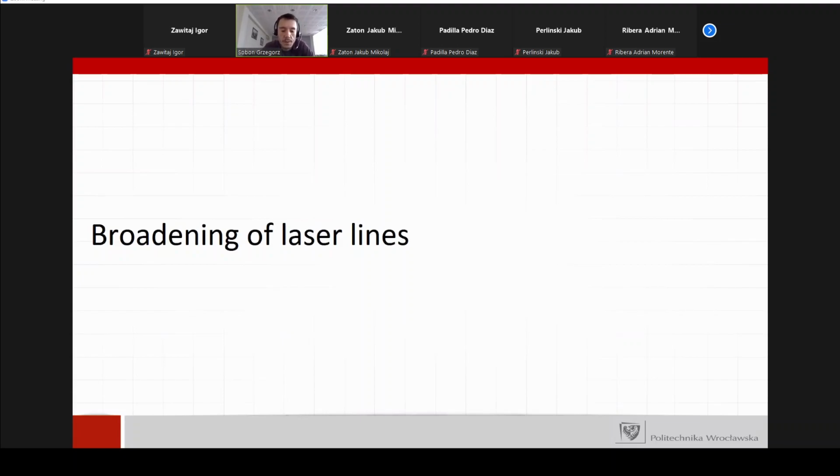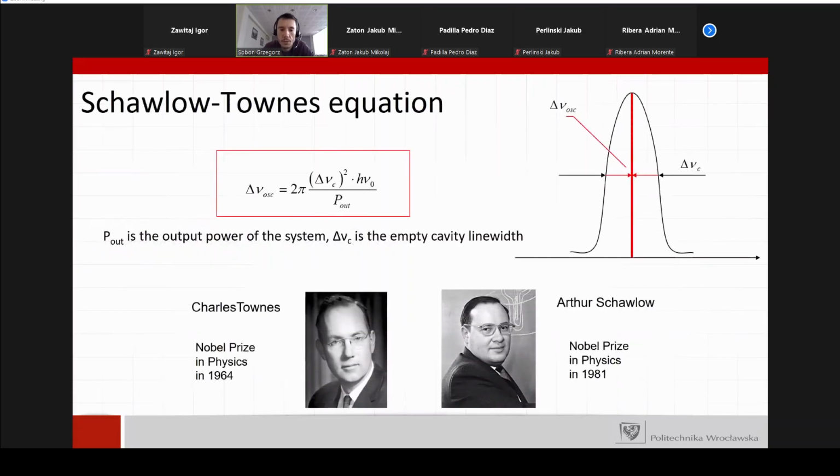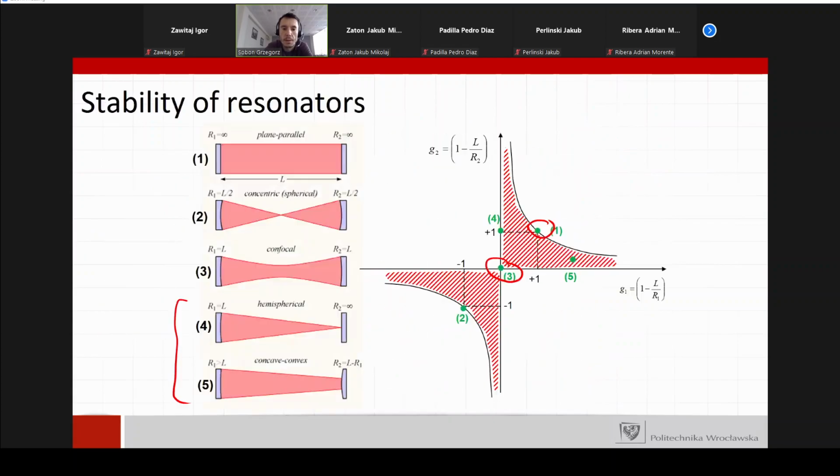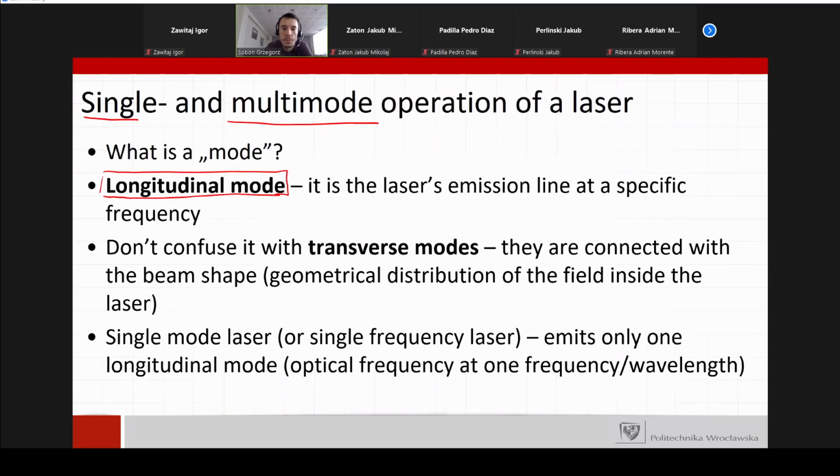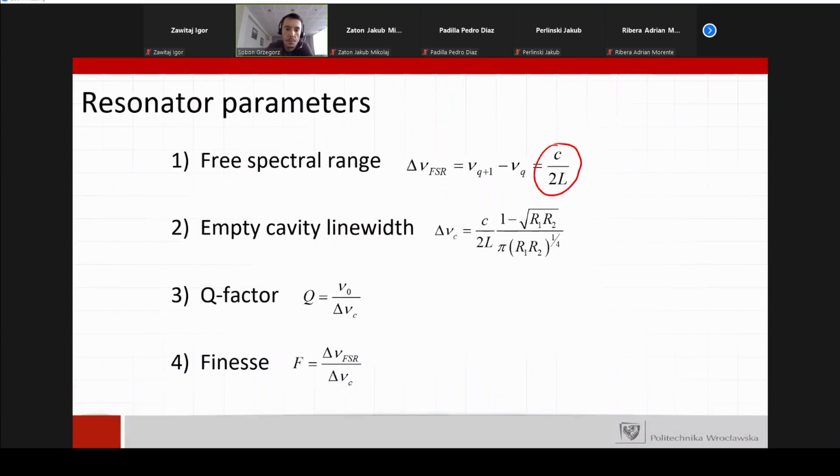So generally, we already introduced this in the previous lecture. Maybe I'll go back to the first slide, because this was important. So we introduced the empty cavity line here.